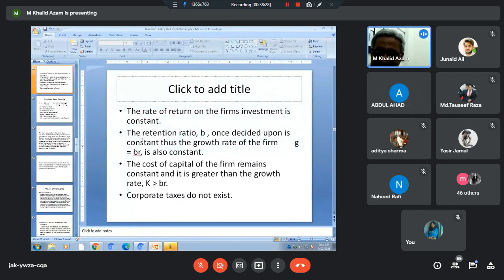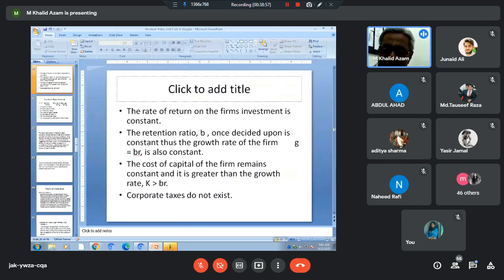This retention ratio, which he has denoted by the term B, has a relationship which I have already explained. He has based it on the retention ratio, whereas in case of Walter it was based on the dividend payout ratio. Now see, you have paid the dividend payout, so how much is with the company?